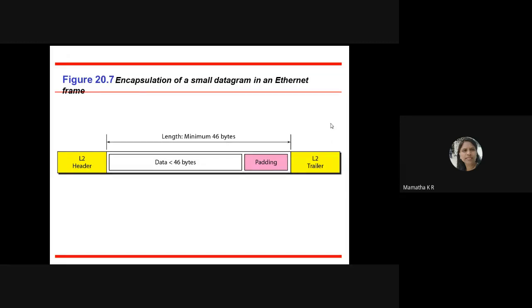And this data, whatever is there, if it is less than 46 bytes, we are going to do padding also. Okay, so that we have seen in the data link layer. Okay, it is the Ethernet frame. Okay, so the minimum length we have seen is 64, otherwise 512 bytes. Is it not?